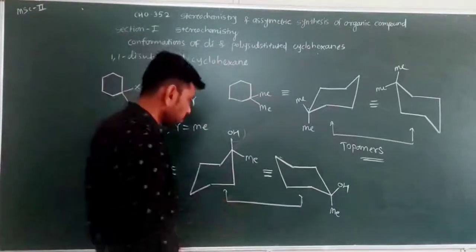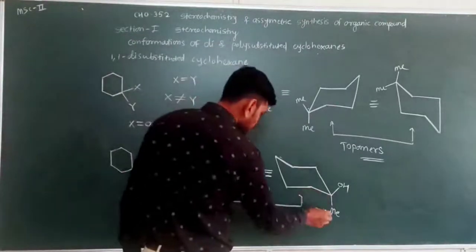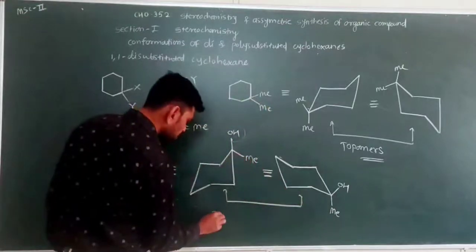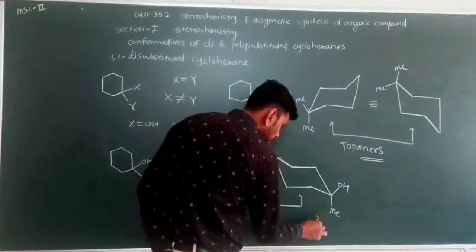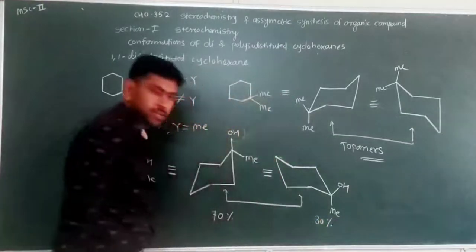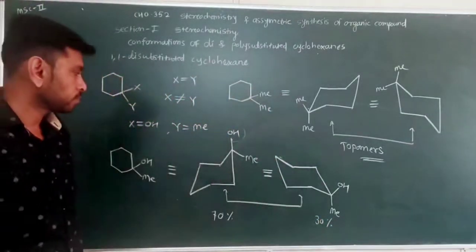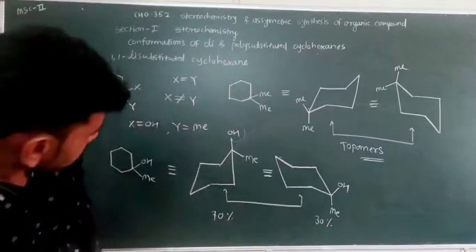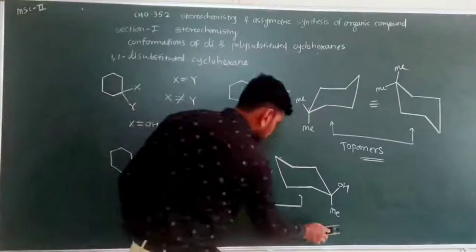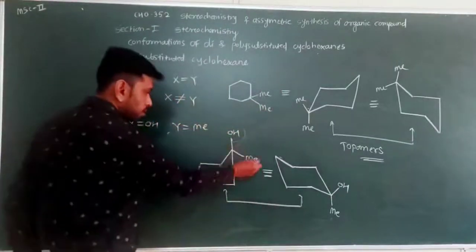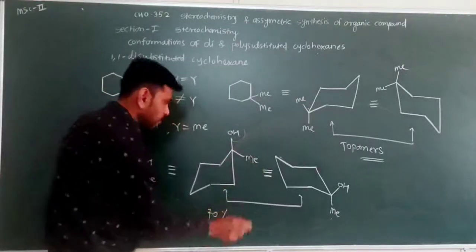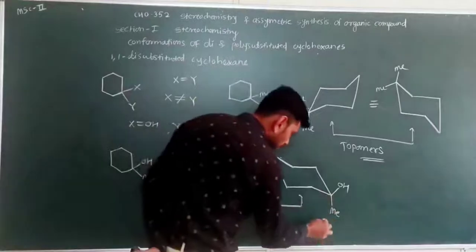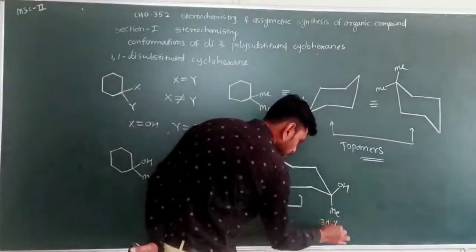This structure is present at 70%, and this structure is present at 30%. This structure, with the methyl group at the equatorial position, is 70%, and the other is 30%.